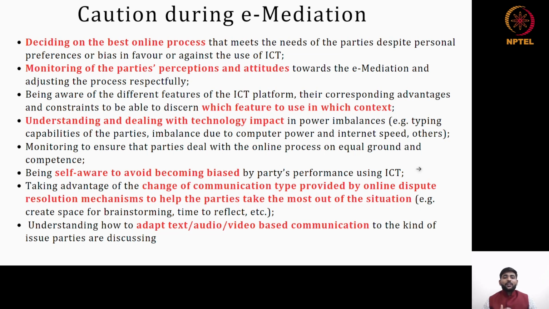Self-awareness to avoid becoming biased is also one of the important tools, wherein the parties sometimes feel that the mediator may be biased, because in an online mode there are certain circumstances which may arise, in case of video conferencing or text based, where the parties may not have trust in the mediator, like the mediator might be chatting privately with the other party.